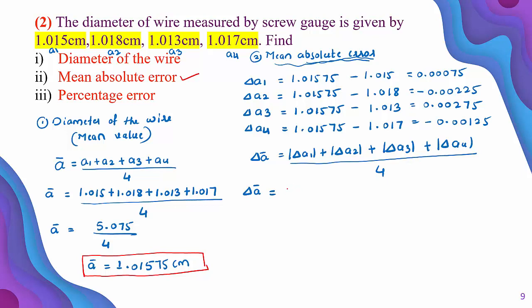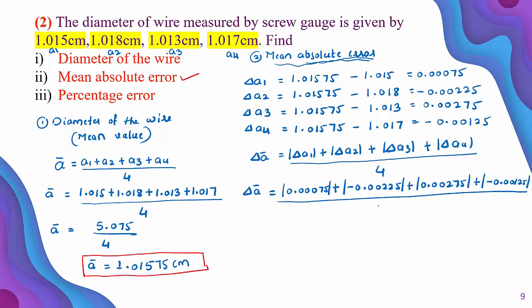Delta A bar equal to mod of 0.00075 plus, delta A2 we got in negative, so we use mod of minus 0.00225, plus third one 0.00275, fourth one mod of minus 0.00125, divided by 4.